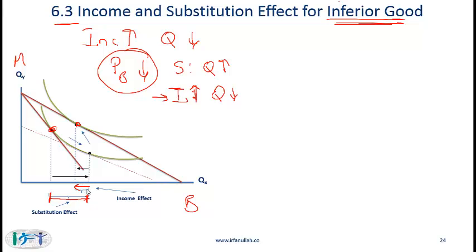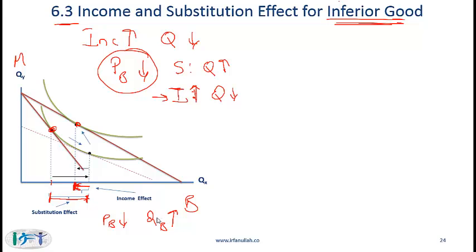In this particular case, the income effect is less than the substitution effect. So the price of bread is down. The quantity demanded though is still up. So the quantity demanded for bread is up.